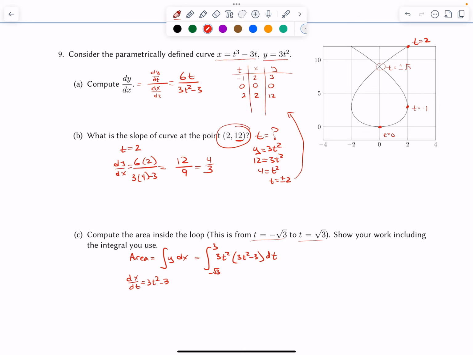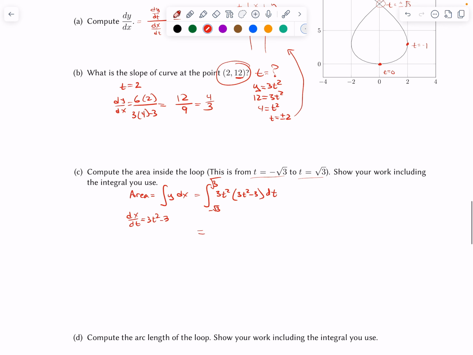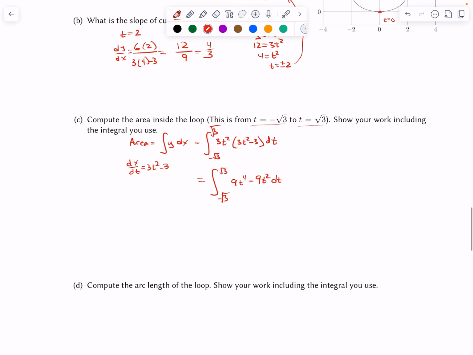So there it is. So that's what I'm going to be working out. Do a little bit of algebra first, otherwise you're going to be sad. So this is going to be 9t to the 4th minus 9t squared, a nice even function. So let's see how that works out.